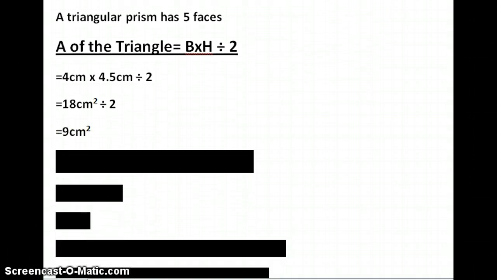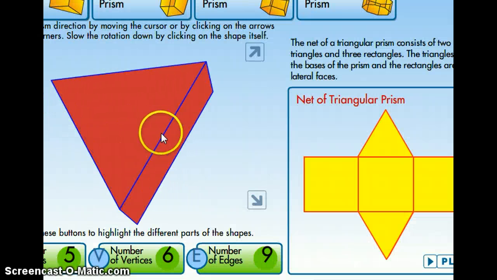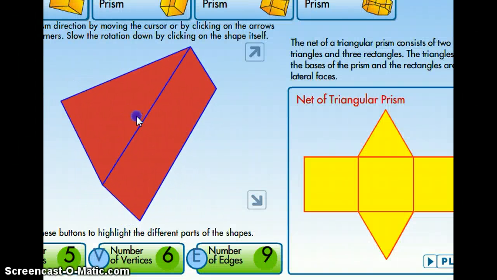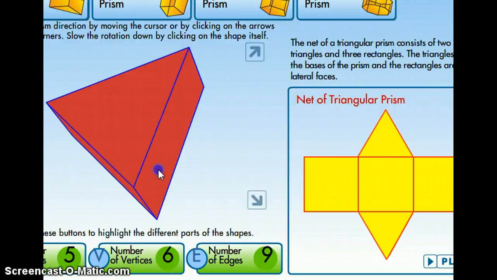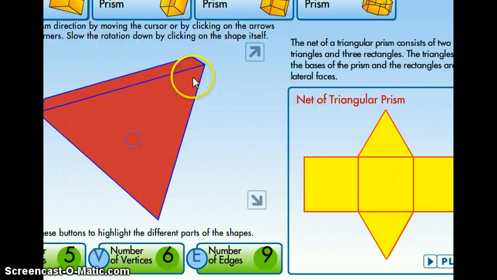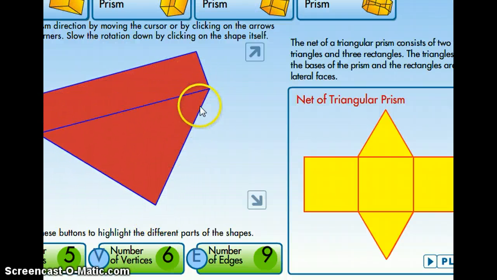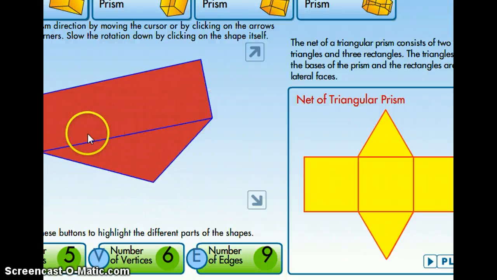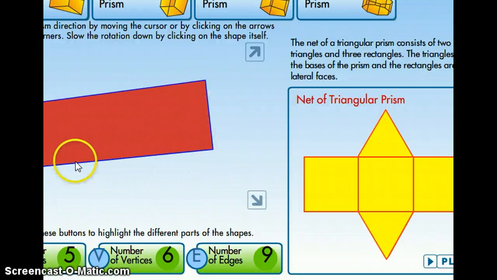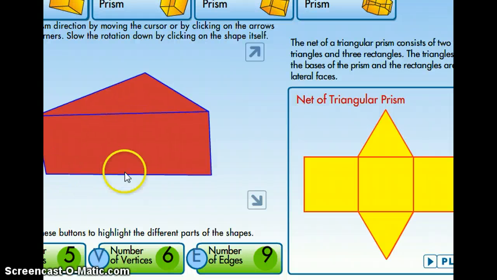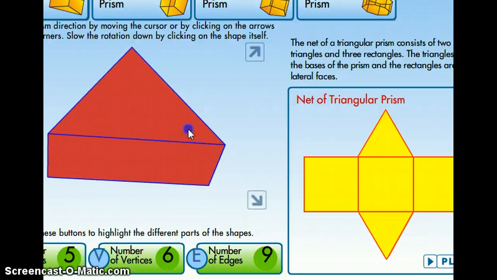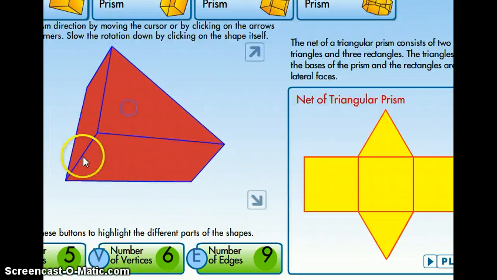Next we have to figure out the area of one of these rectangles. We already know that the base of the triangle, from here to here, is 4 centimeters. So we know that the length of the rectangle is going to be 4 centimeters. But what we need to know is the width.